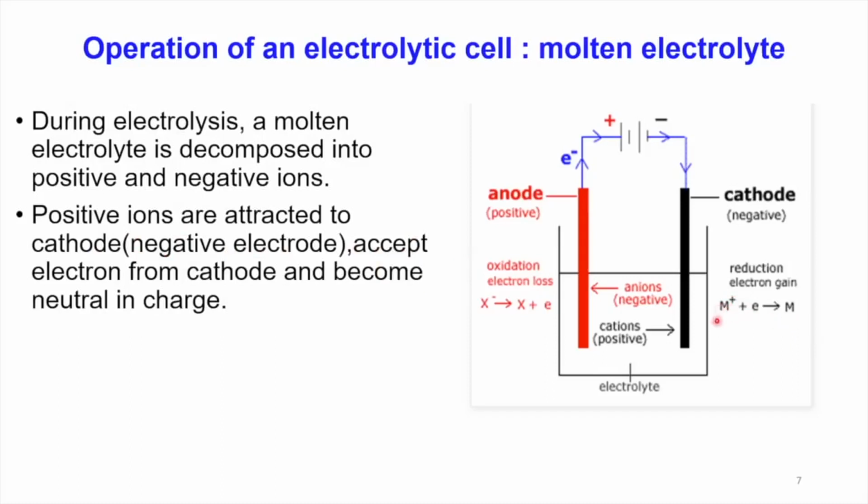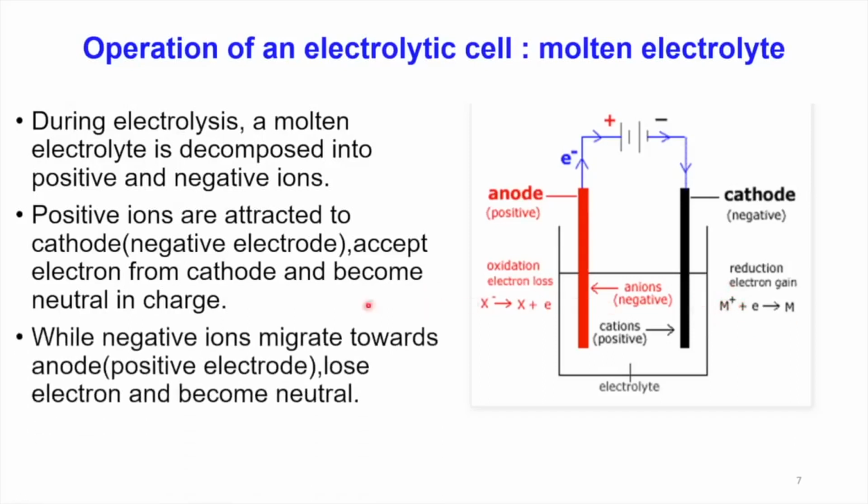First the cation is a positive charge, accepts electrons and becomes neutral. What will happen to the anion? The negative ion, or anion, migrates towards the anode, loses electrons from its negative charge, and becomes neutral. So anion goes to anode, cation goes to cathode.